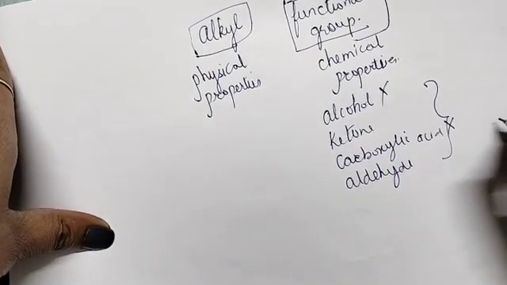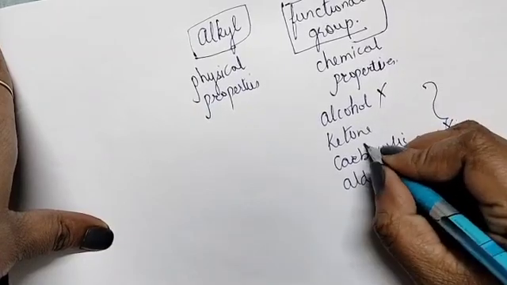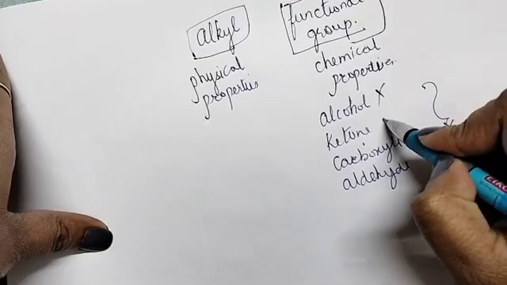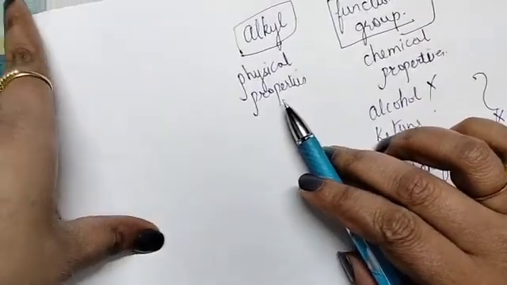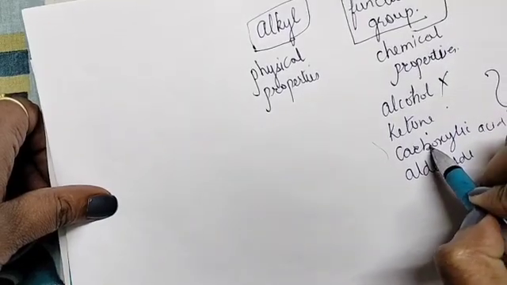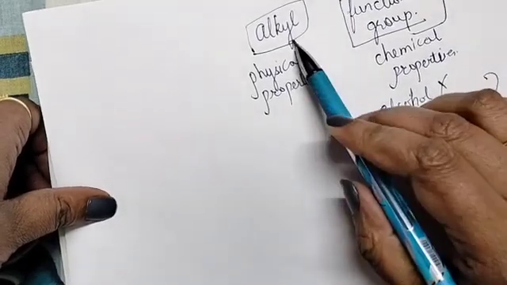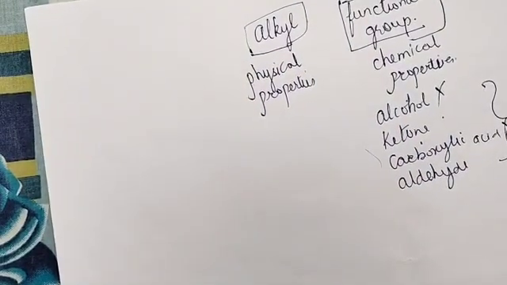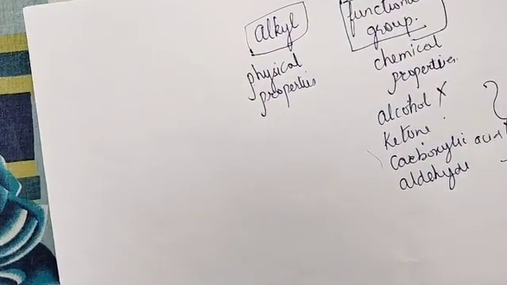It is not there. So the rest of them are there, but to a limited extent. So we are going to do a little detail about this, but let us first come to alkyl. Out of this, as I said, alcohol and carboxylic, we are not doing that. All right, so alkyl means what? They are the physical property decider for a compound.